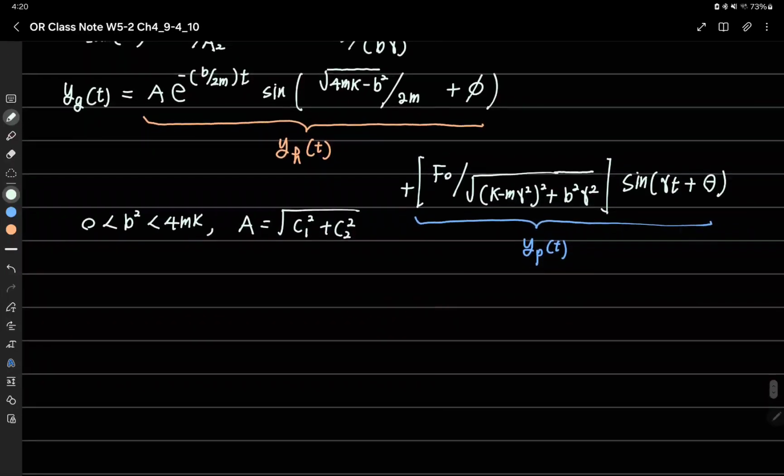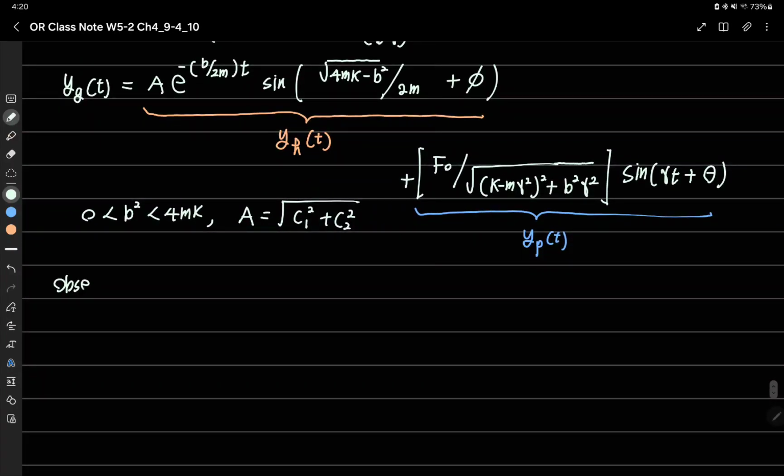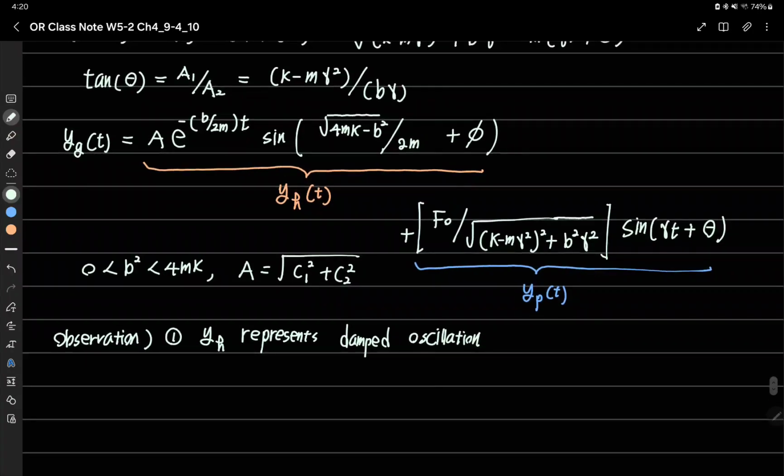So from here we can observe that the first one, the homogeneous solution yh, represents the damped oscillation, right? And that depends only on the parameters of the system and the initial conditions.